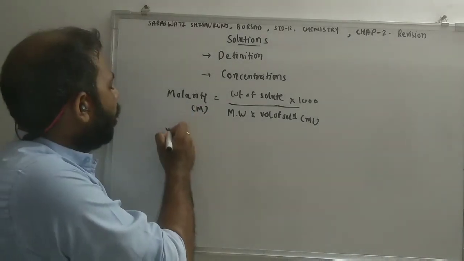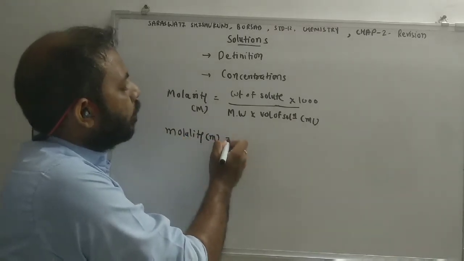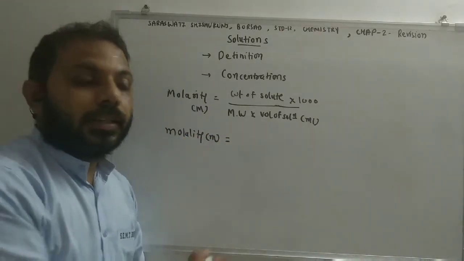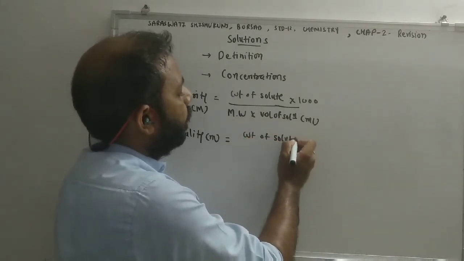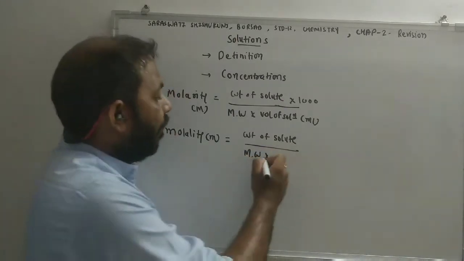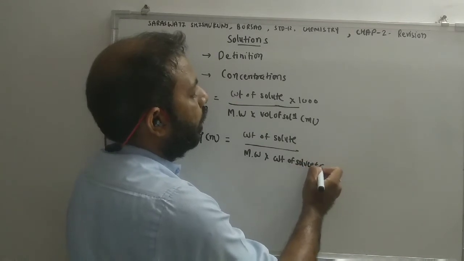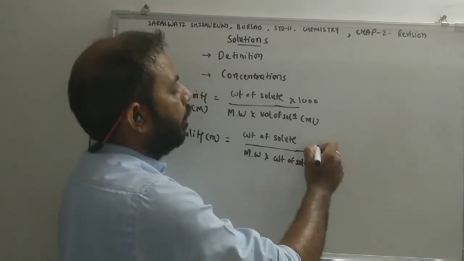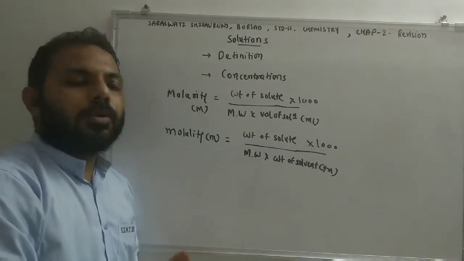Then molality, which is indicated by small m. So molality is weight of solute divided by molecular weight into weight of solvent, which is in gram. Then you need to multiply it with 1000.